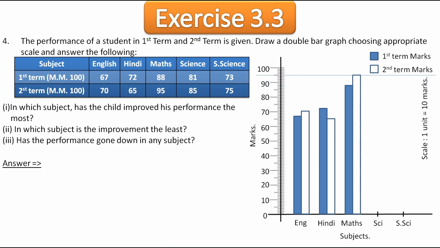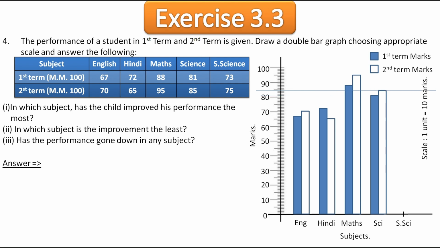Now for science he had scored 81 marks in first term and 85 marks in second term. For social science he had scored 73 marks in first term and 75 marks in second term. Okay, so this is the double bar graph I have drawn for the student's performance.